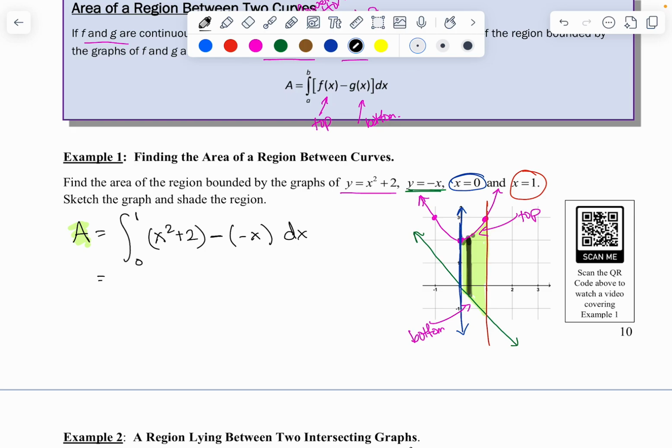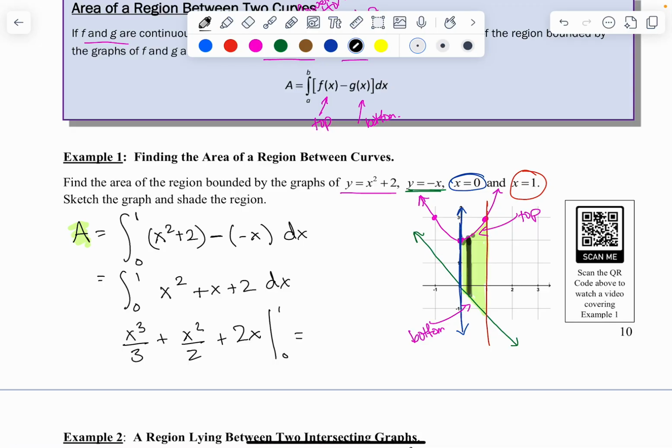And then you clean this up and integrate. First, I'm going to rewrite this as the integral of x squared plus x plus 2, dx. So the integral is going to be x cubed over 3 plus x squared over 2 plus 2x, from 0 to 1. When you do that math, you've got 1/3 plus 1/2 plus 2 minus 0, right?